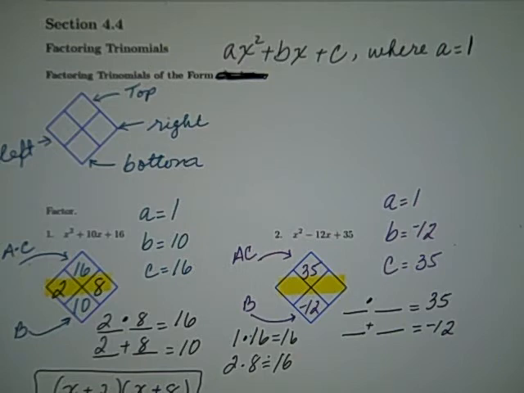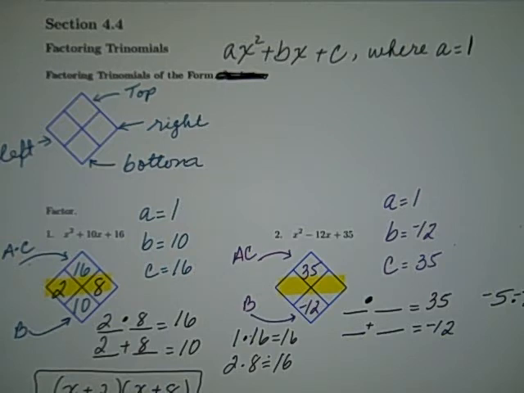When the product is positive and the sum is negative, both of your factors must be negative. Let's find the multiples of 35. Let's try 5 and 7. But remember, for the sum to be negative, both of your factors are negative.